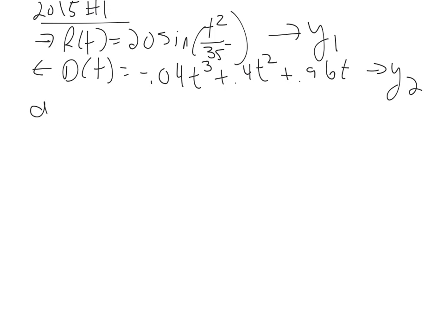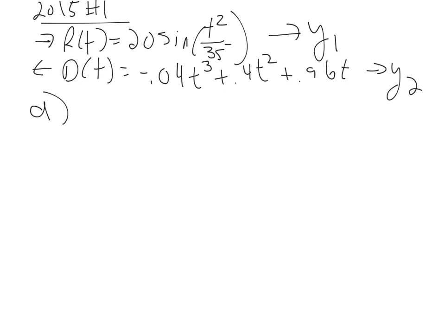So the first part of the problem asks how many cubic feet of rainwater flow into the pipe during the 8-hour time interval. So they want to know how much total rainwater goes in.